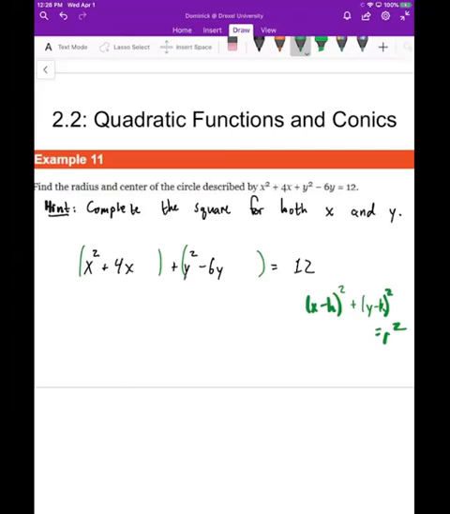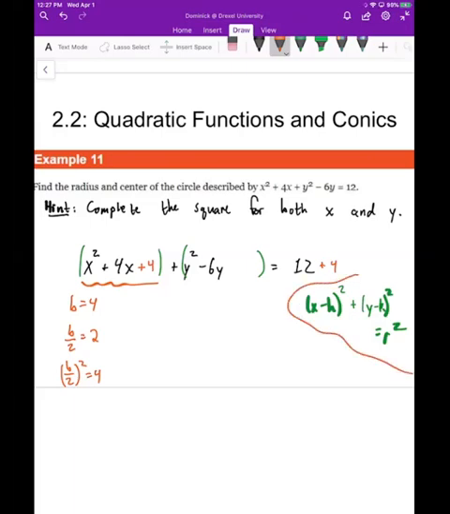We just need to complete the square. So in this case, in the x version, my b is 4. Okay, so if I take b over 2, that's 2. And if I square b over 2, that's 4. So I need to add 4 in here. But since I added 4 to this one, I need to add 4 to this right side as well.